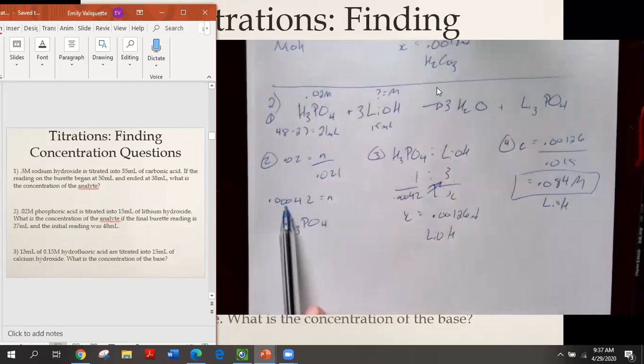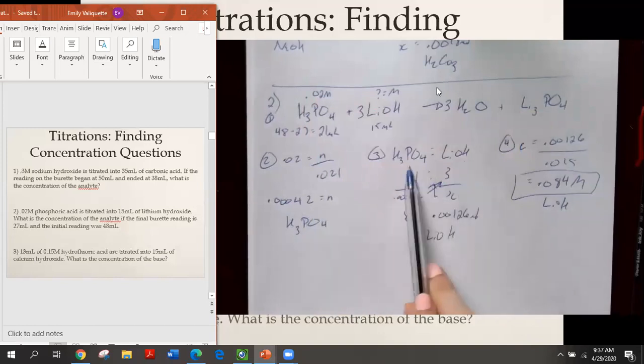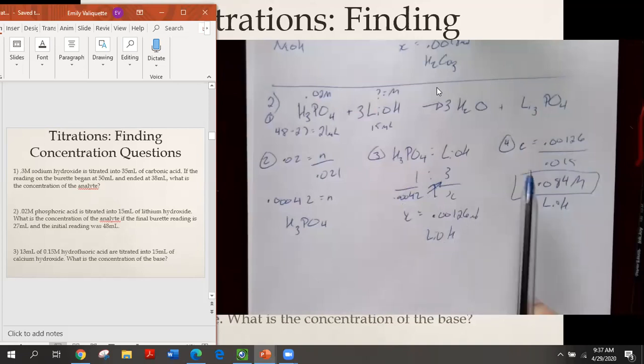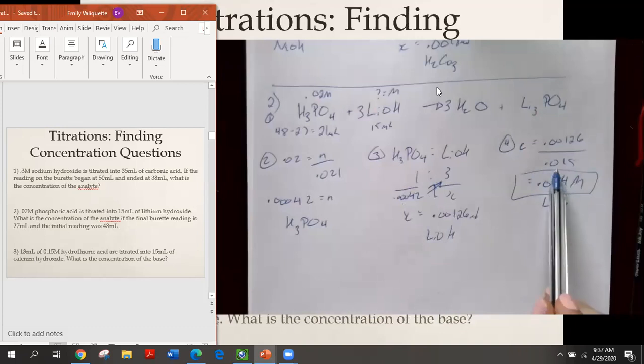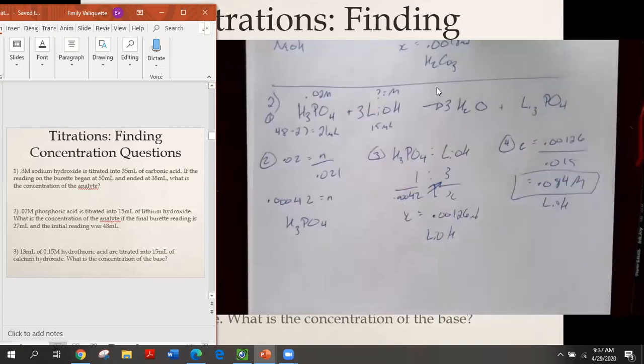Multiply and get 0.00042 moles of the acid. Set up a mole ratio between the two reactants. It's a 1:3 ratio. So we cross multiply and get 0.00126 moles of the lithium hydroxide. Plug that into C equals n over V and get 0.084 molar of the lithium hydroxide.